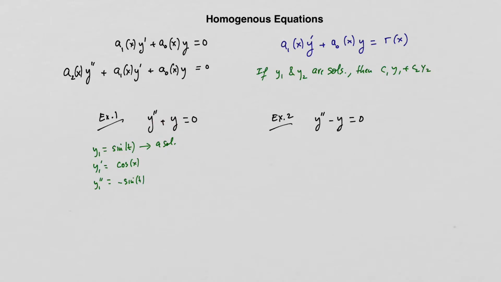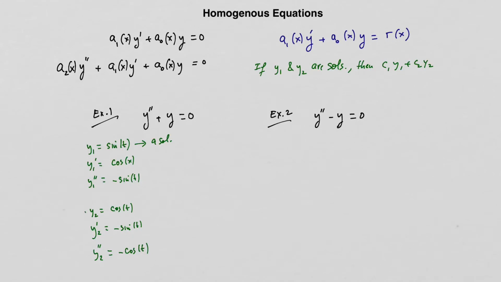Similarly, I can pick another solution, the cosine, right? Because if you differentiate the cosine function twice, y double prime is negative cosine t. Once again, if you add this to that, you're going to get 0. Therefore, this is a solution.